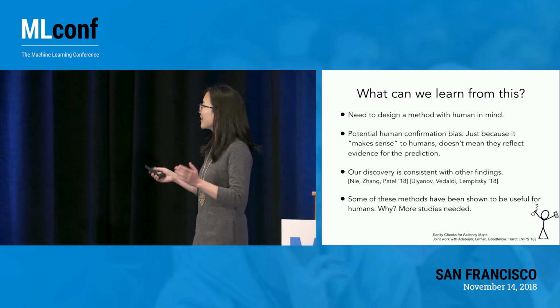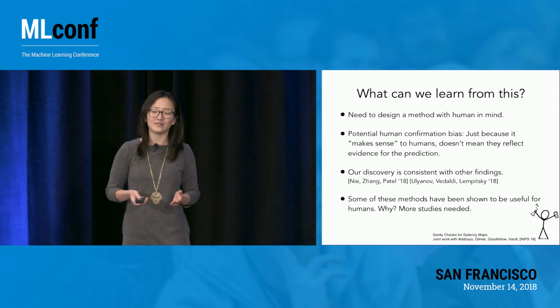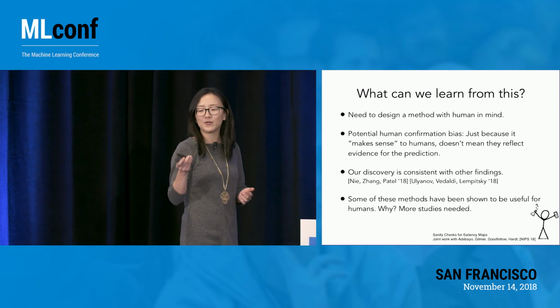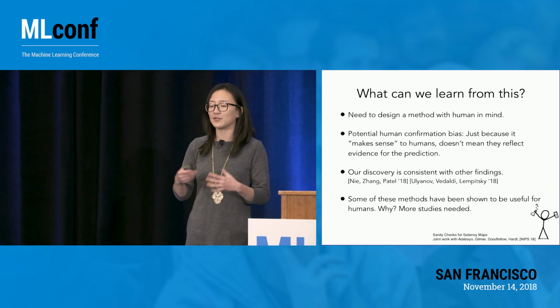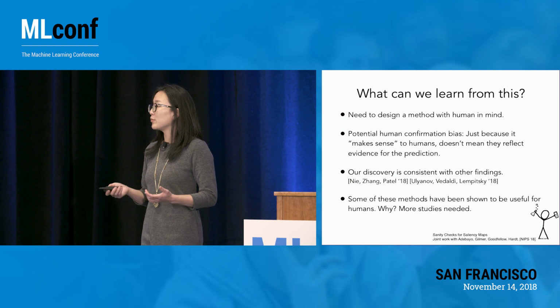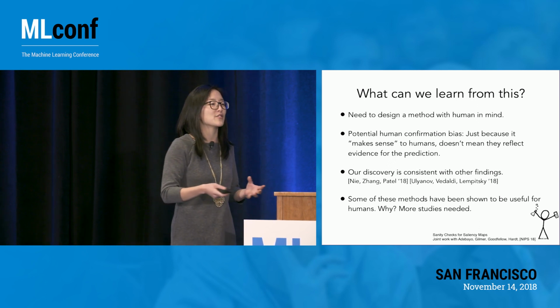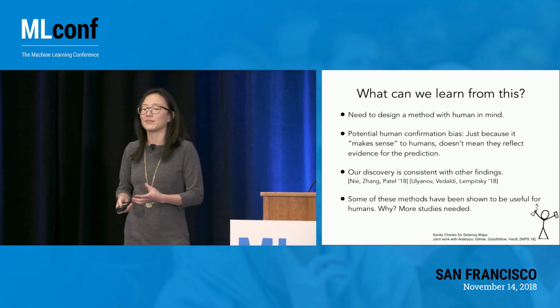So just because it makes sense to you doesn't mean that it's a true explanation. And it turns out that some of the other results that were found at a similar time mathematically proved that some of these methods are just reconstructing the input, and actually have nothing to do with the prediction.